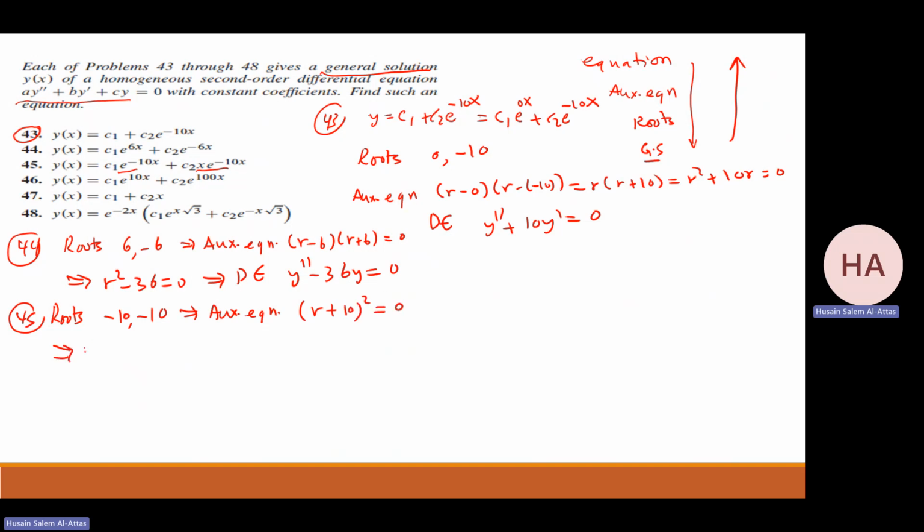So I have r squared plus 20r plus 100 equals 0. So the differential equation is y double prime plus 20y prime plus 100y equals 0.